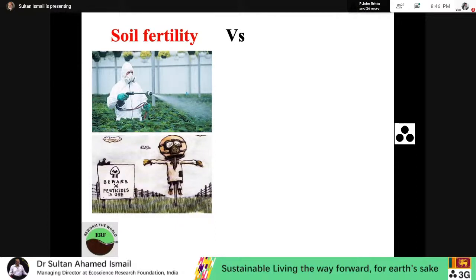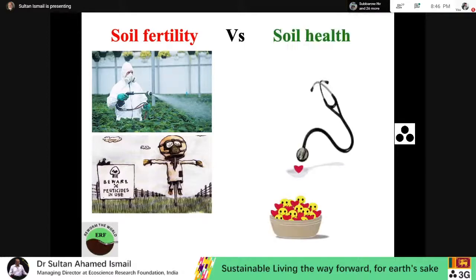This report will say N, nitrogen, P, phosphate, K, potash values, pH, electroconductivity, 4 or 8 micronutrients, and then there will be one more paragraph, recommendation. In recommendation, they will say add so much of urea, so much of DAP, so much of potash. So soil fertility got related to soil fertilizers. It became a business. So in non-chemical farming, we call it soil health.